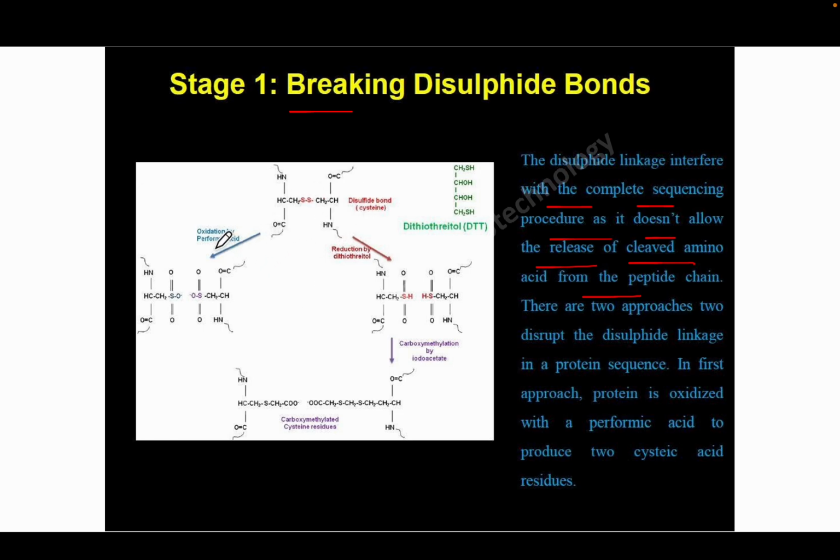So this is oxidation by performic acid, and this is reduction by dithiothreitol, DTT. After reduction, you are doing carboxymethylation by iodoacetate.